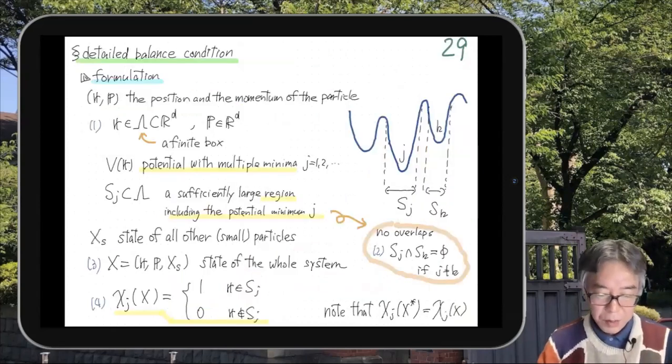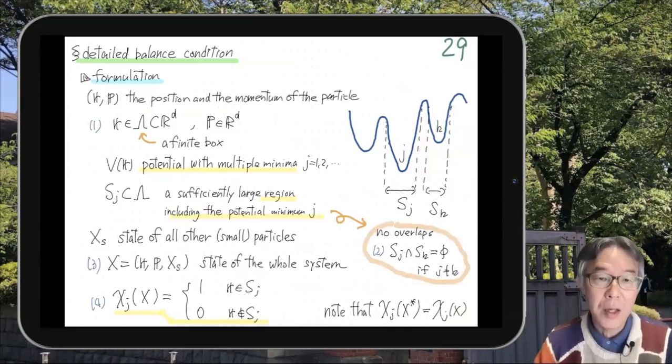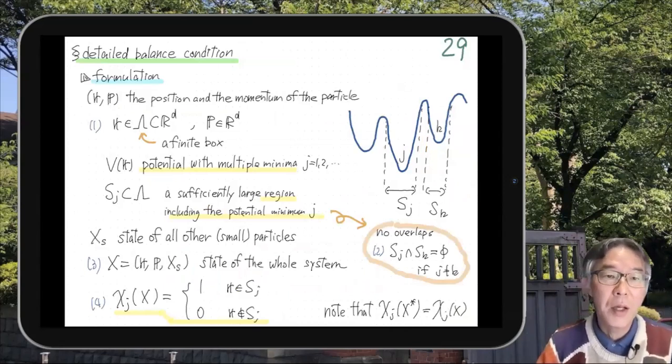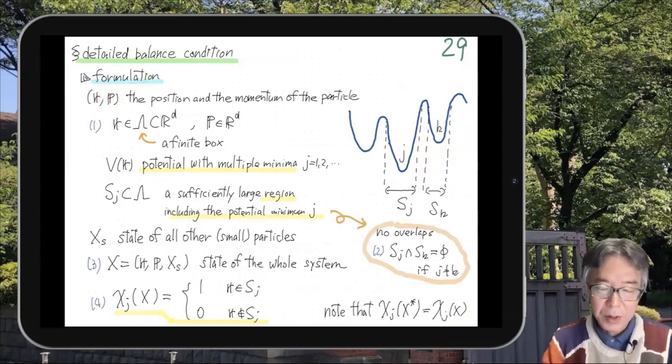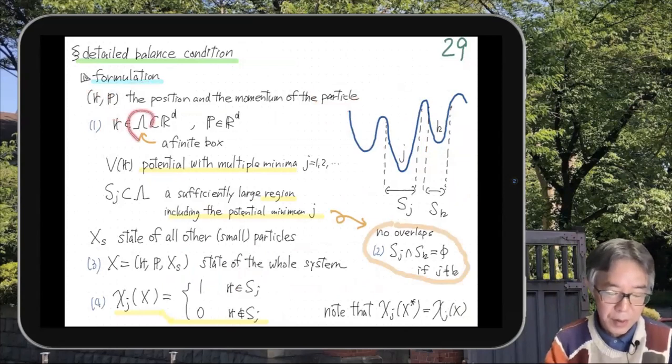Okay, so now we want to go to a microscopic description and examine this transition. So the formulation: by r and p, we denote the position and the momentum of the Brownian particle. Here r is in a finite box in R^3, for example, and p is just the momentum.